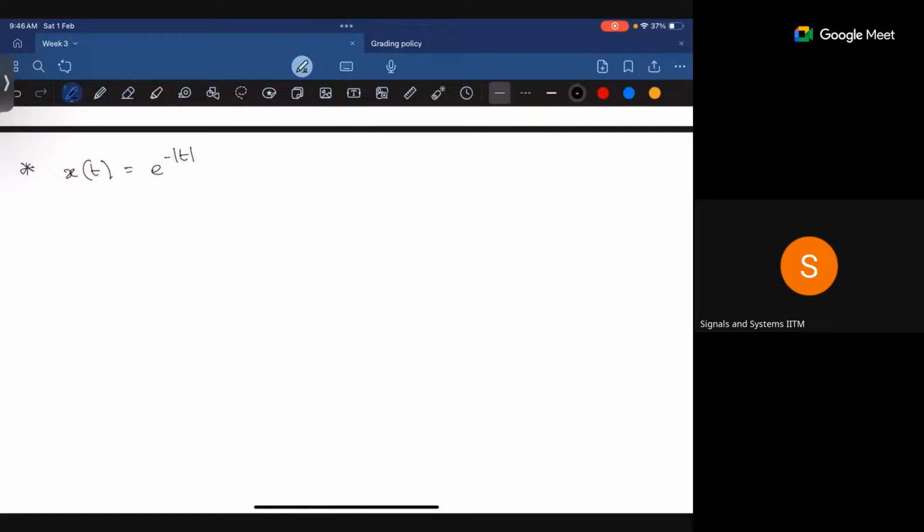Let's see what will happen. What do you think should happen? x of t is e power minus mod t. How does this signal look?